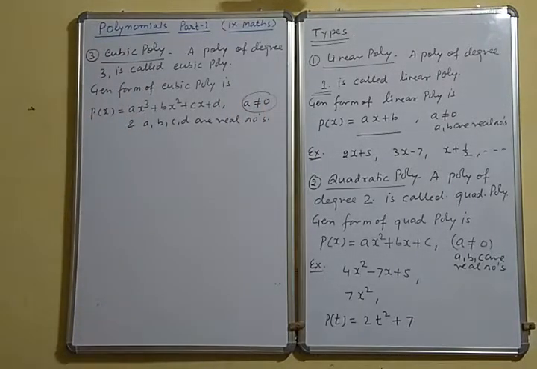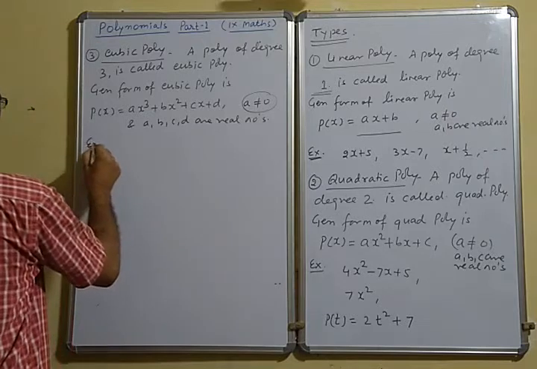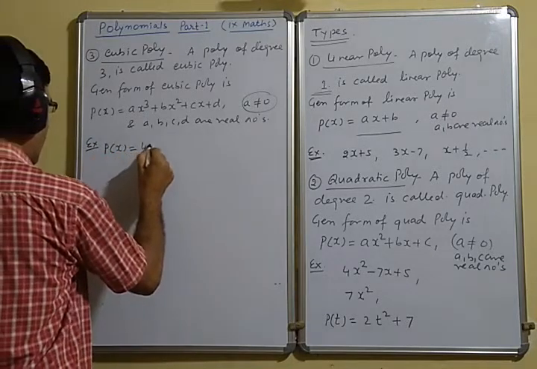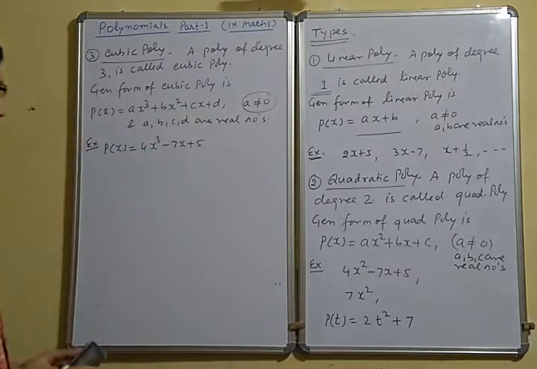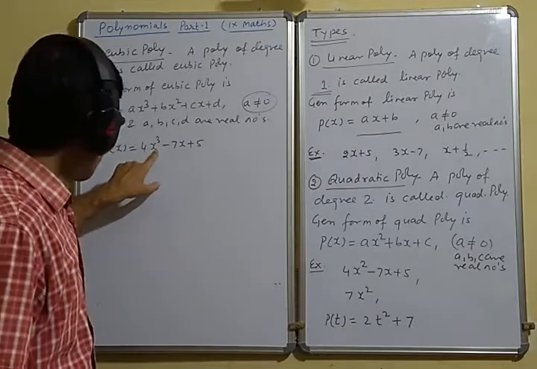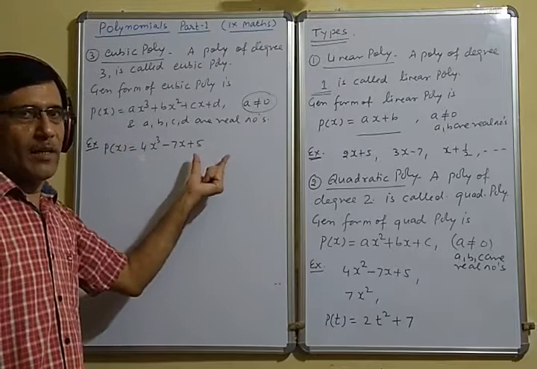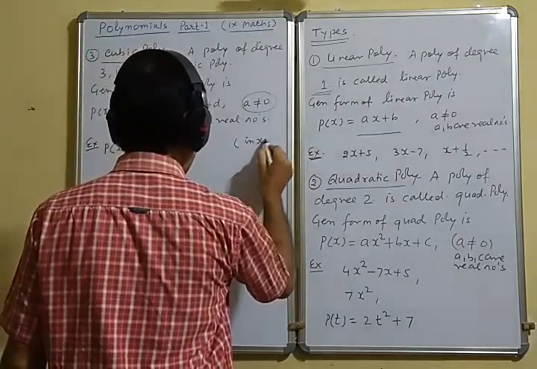Now we'll take some examples to understand the cubic polynomial. For example, p(x) = 4x³ − 7x + 5. The degree of this polynomial is 3, so it is called a cubic polynomial in x.